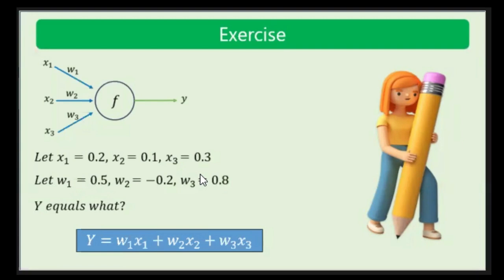Bias means it's a constant. We'll come to that point a little later. Why? Only the inputs and the weights are given. So the bias is 0. So just substitute it, you will find the answer.